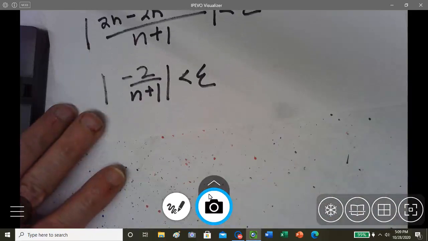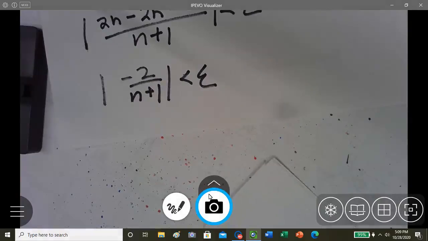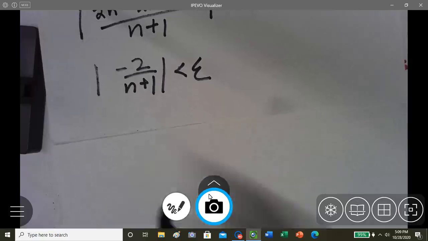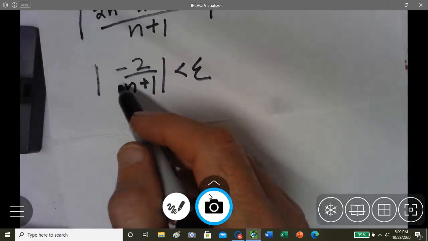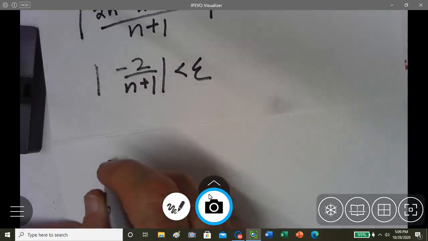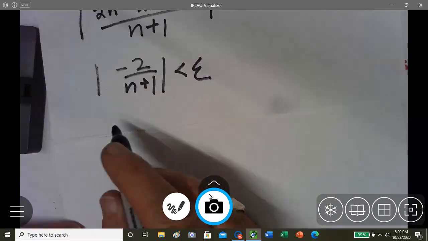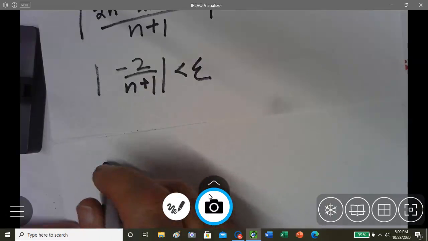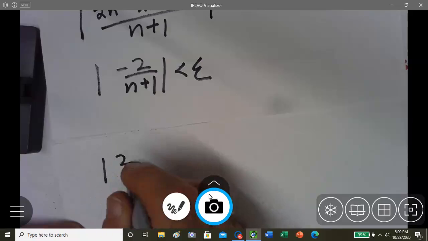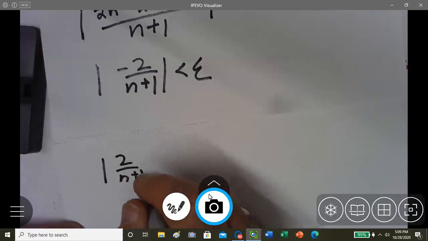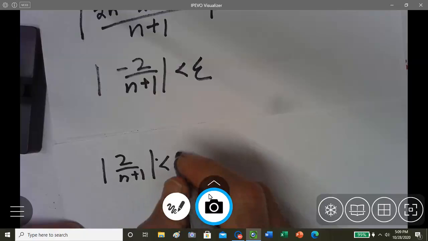All right, so hopefully you're beginning to see a pattern here of how this works. Since we have an absolute value, we're always going to get a positive result, so we can drop the negative. And so that'll just be 2 over n plus 1 is less than epsilon.